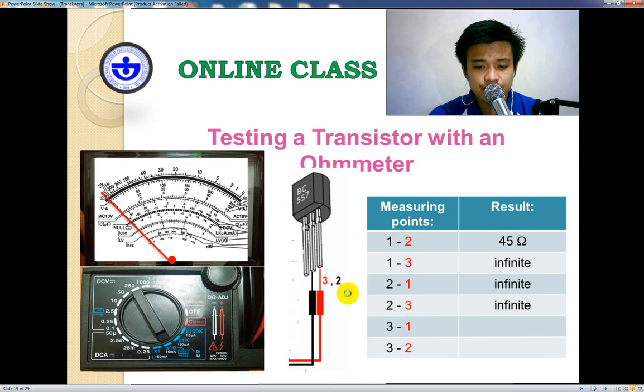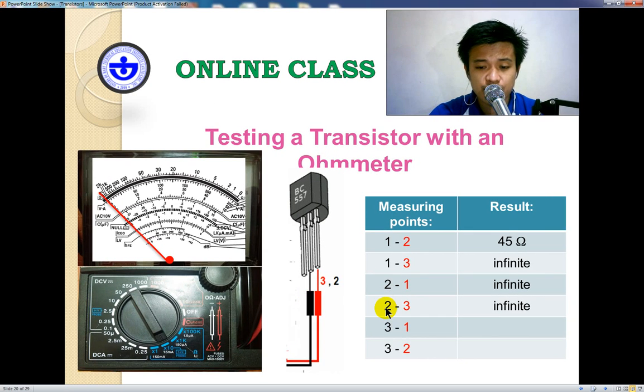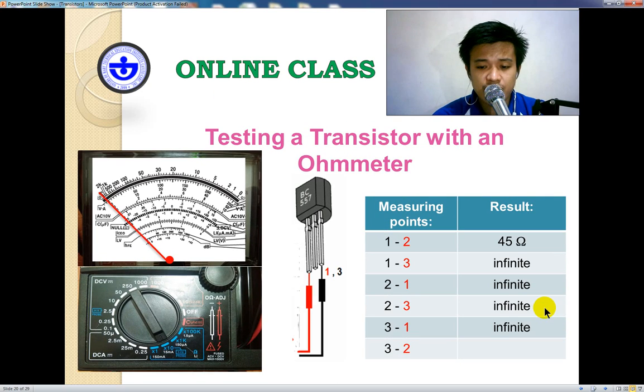So it should be this way: pin number 2 is on the black test probe and pin number 3 is on the red test probe. If I still get infinite, it's fine. I'll just record it and continue with the other combination. The next combination is 3 and 1, which means pin number 3 is connected to the black test probe.